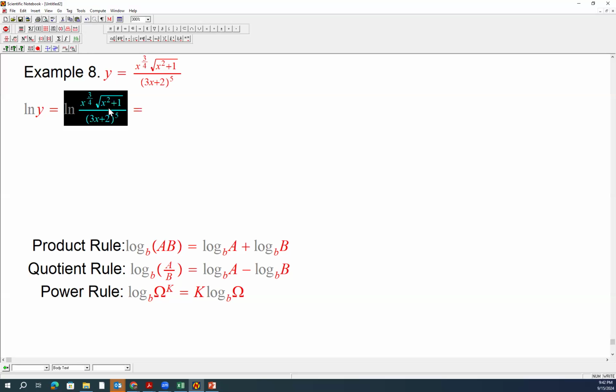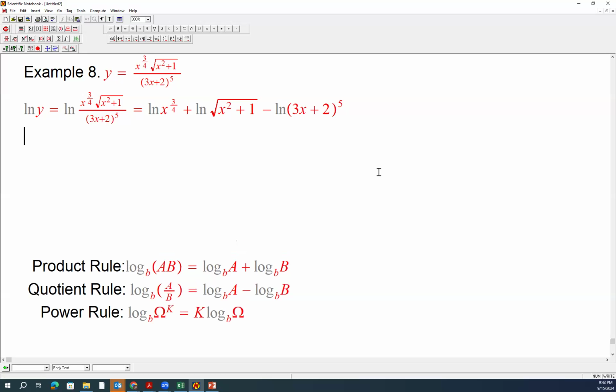Here we have a quotient and a product, so we can do ln of x raised to the power 3/4, plus ln of the root, subtracting ln of the whole denominator. And then we apply the power rule.